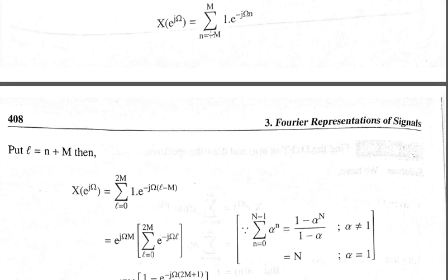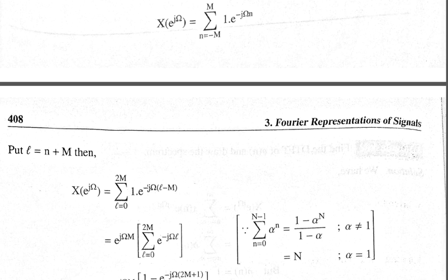And to make this lower limit 0, let's take L equal to n plus M, because we need to make it 0. Then when n is equal to -M, L goes to 0, and when n takes the value M, L becomes M plus M, that is 2M.